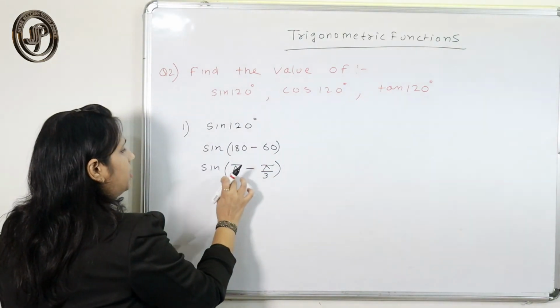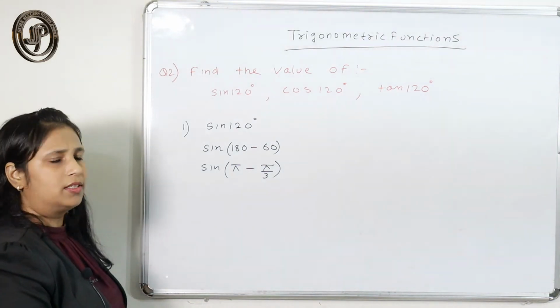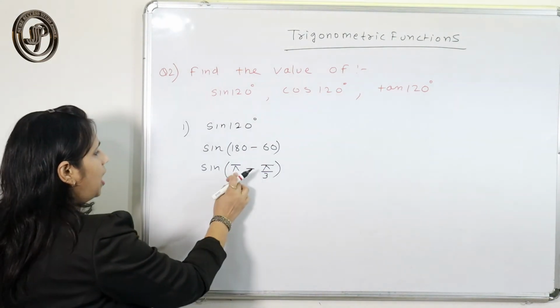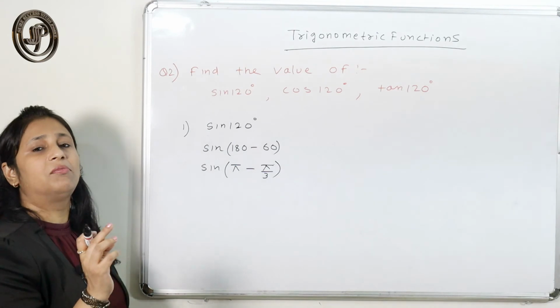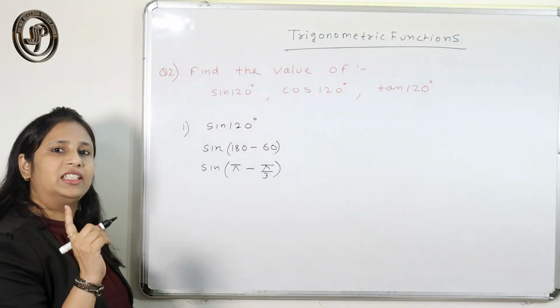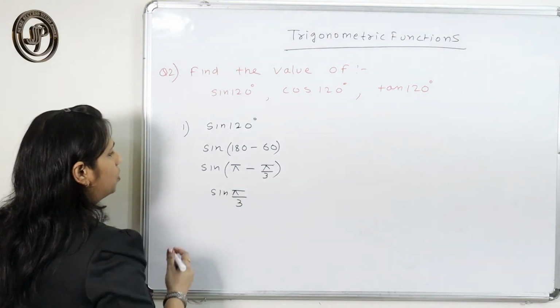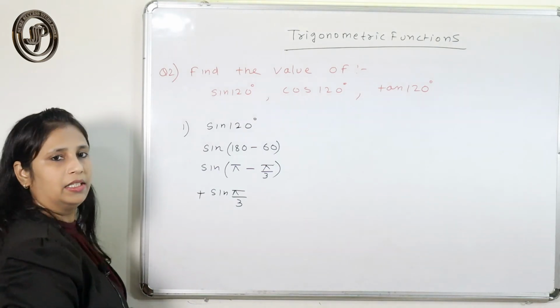So sine 180 minus 60. The same way we did sine 180 minus theta. With 180 minus theta, we are in the second quadrant, and in the second quadrant sine is positive, so that will be plus sine theta only.